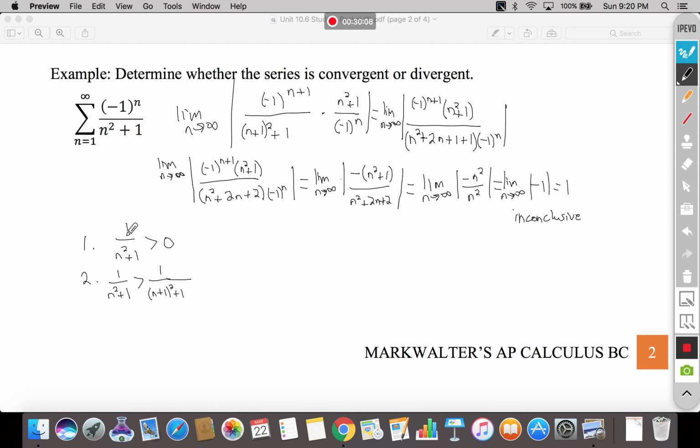So both of these things check out. My terms that are not alternating, if I ignore the alternating part, are always going to be positive. As my terms progress, this number is going to be smaller than this number. And I also need to make sure that the limit as n approaches infinity of the terms that are not alternating, 1 over n squared plus 1, should go to 0, and in this case it does.